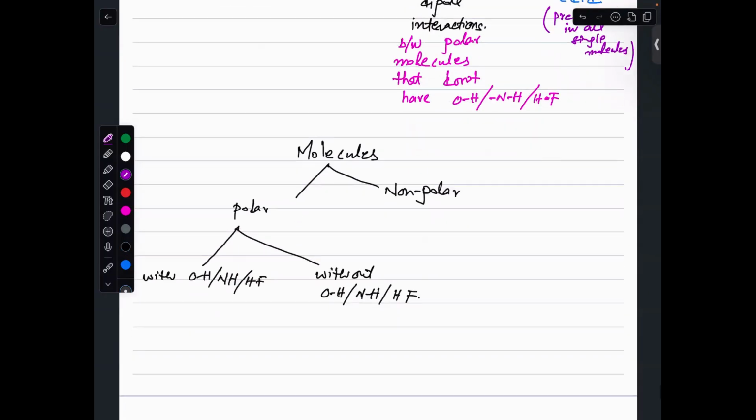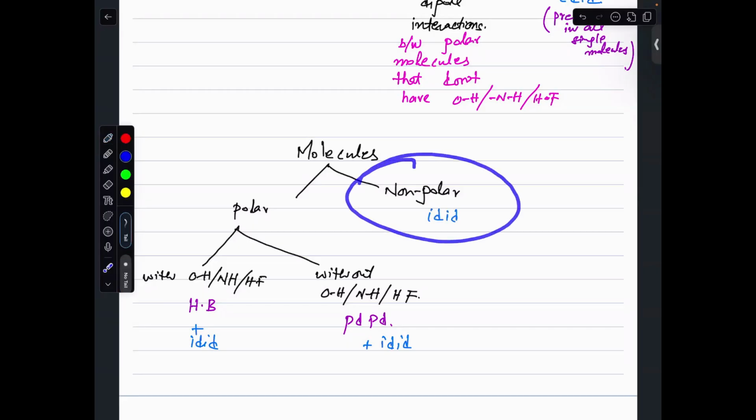The ones that are polar with OH, NH have hydrogen bonds between molecules, they have permanent dipole interactions, and ID is present everywhere. In non-polar molecules, there is no other force, only ID between the molecules.